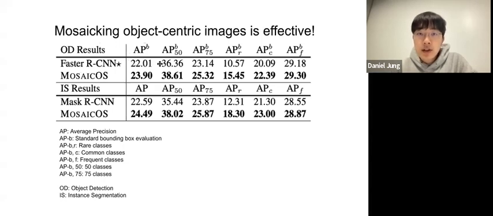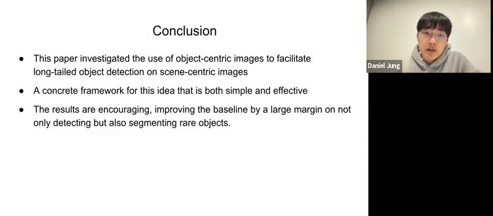Usually in some experiments a novel method performs no better than previous research, but here, surprisingly, in every instance they are performing better than the baseline. So the conclusion of this paper is that it investigated the use of object-centric images to facilitate long-tailed object detection on scene-centric images.